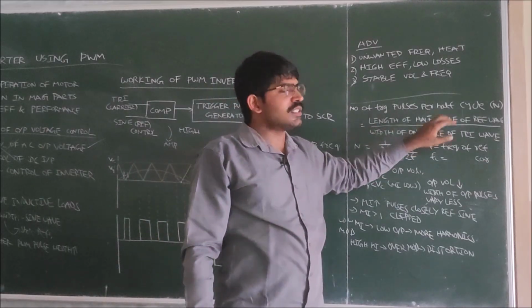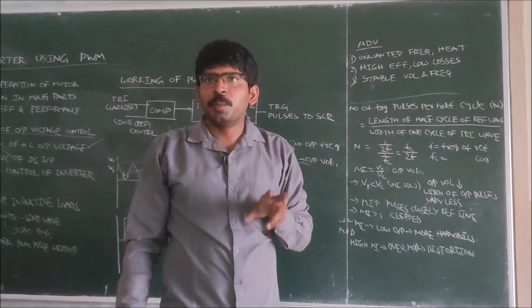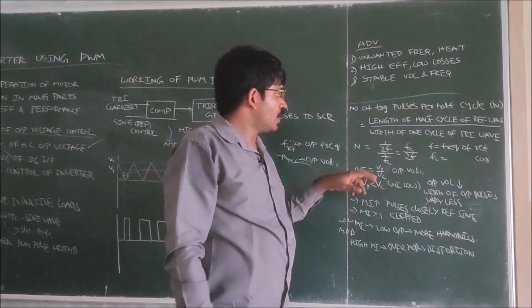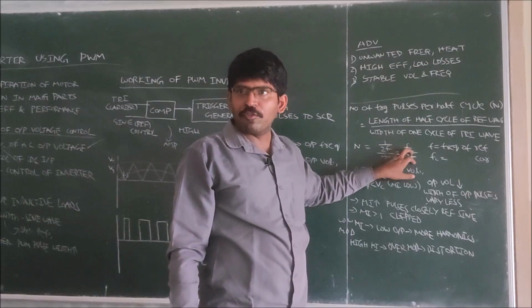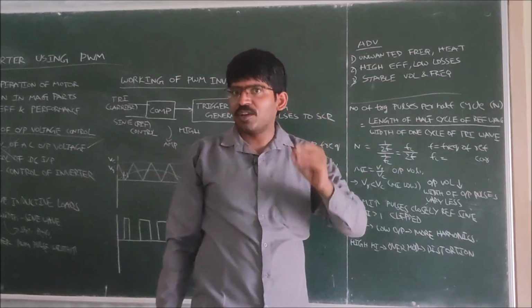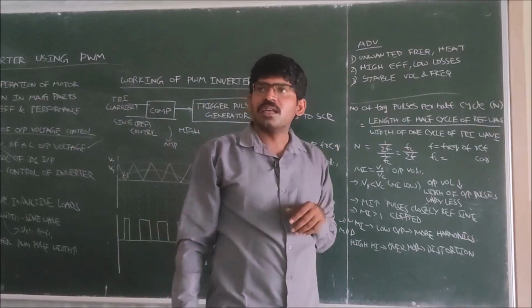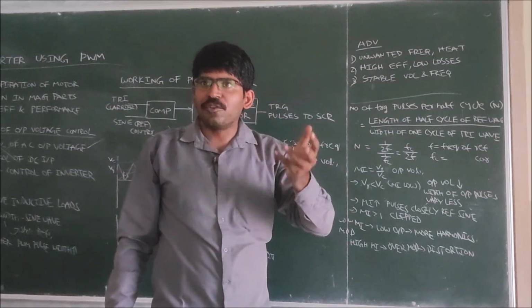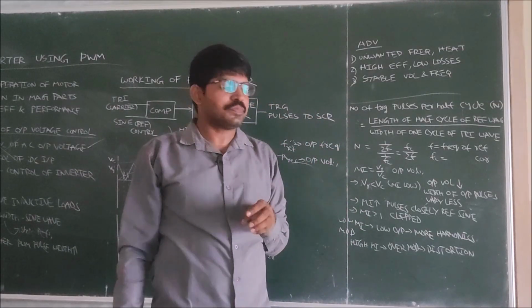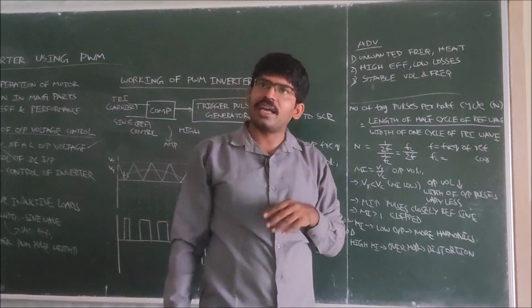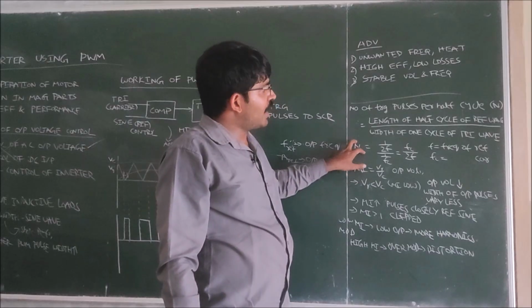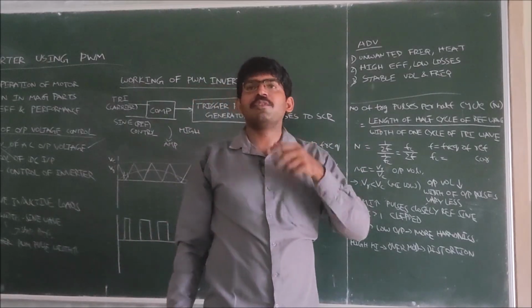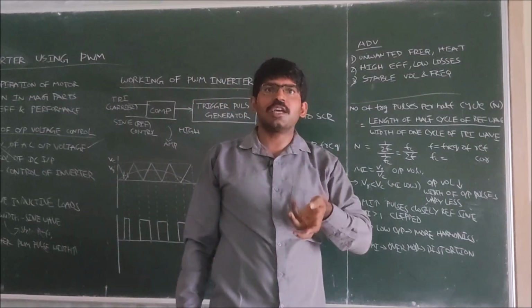And the time period of the triangular wave is 1 by fc. So finally it is fc by 2f. Fc is the carrier signal frequency, f is the reference signal frequency. Reference signal is sinusoidal, carrier signal is triangular. With this we can know how many trigger pulses per half cycle we are getting.